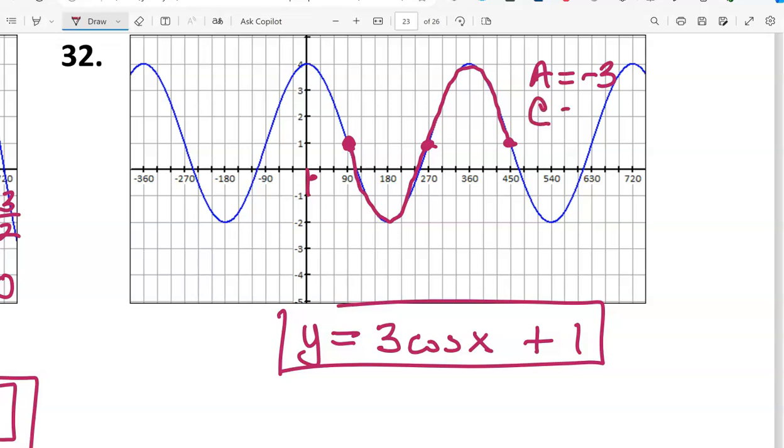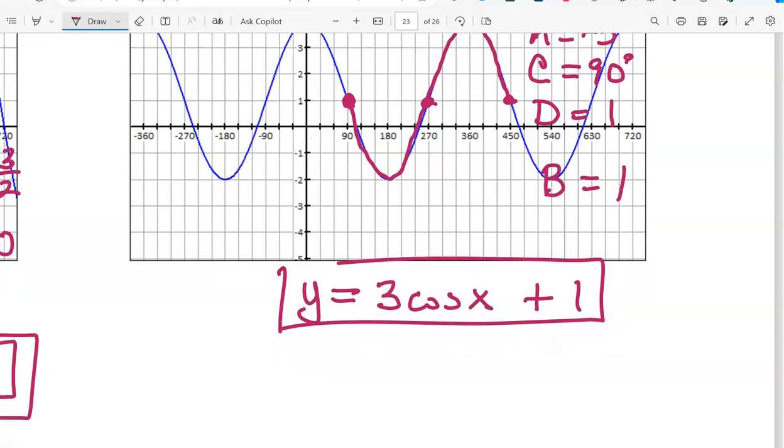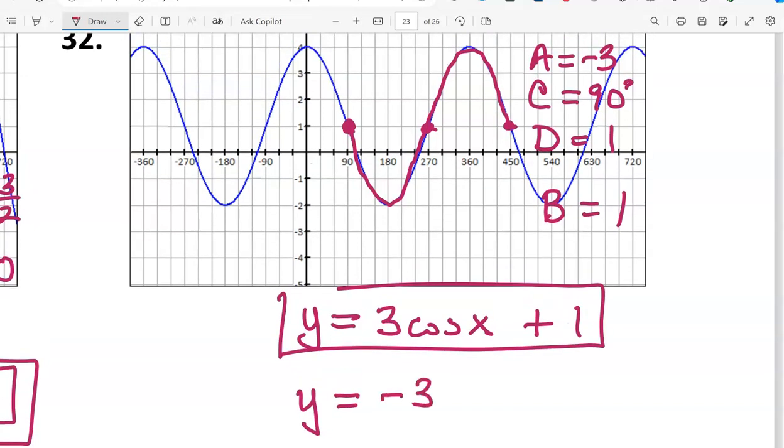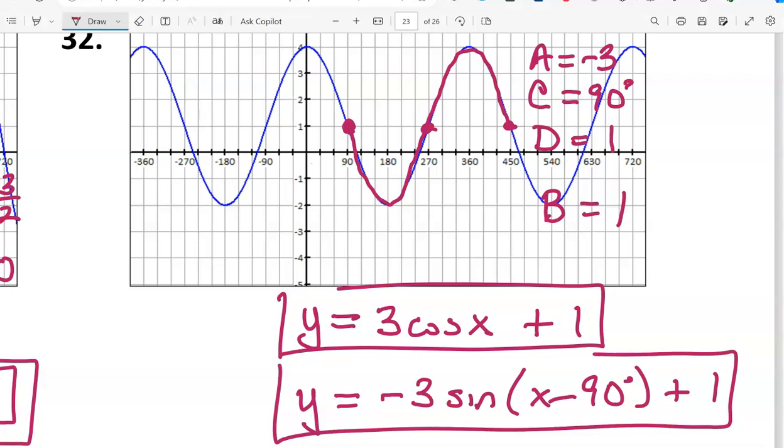Our C value is the phase shift, which will be equal to 90 degrees, because that's where the cycle starts on the left. And our D value is still 1, because that average of the high and low values is still the same number. And our B value is still 1. So this equation could be y is equal to negative 3 times the sine of x minus 90 degrees plus 1. Gives us the same graph.